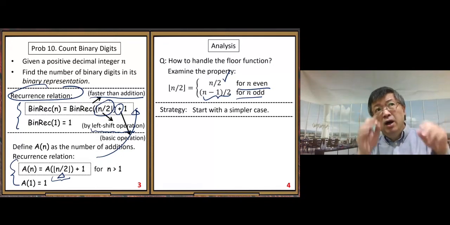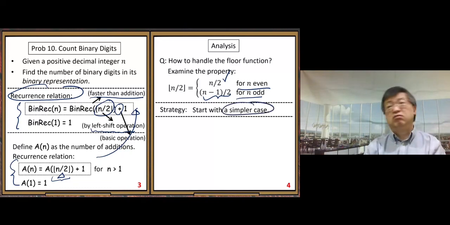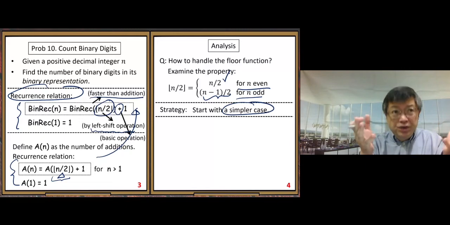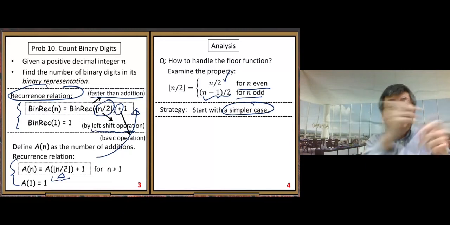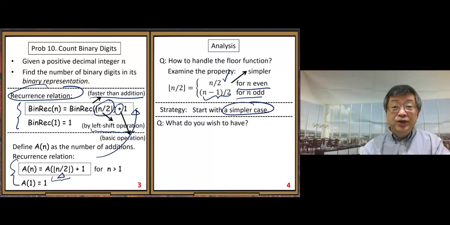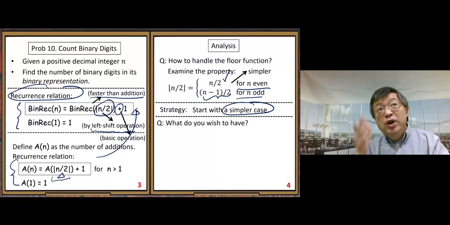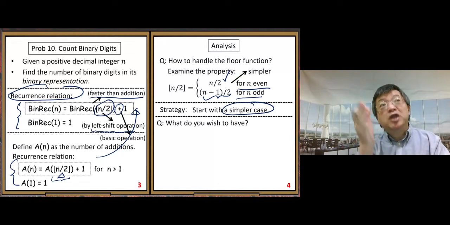But here, how do you identify a simpler case, right? There are many ways to choose a simpler case. How do you define or choose a particular simpler case? Let me point that out. What do you wish to have, right? Usually you wish to have a simpler situation.